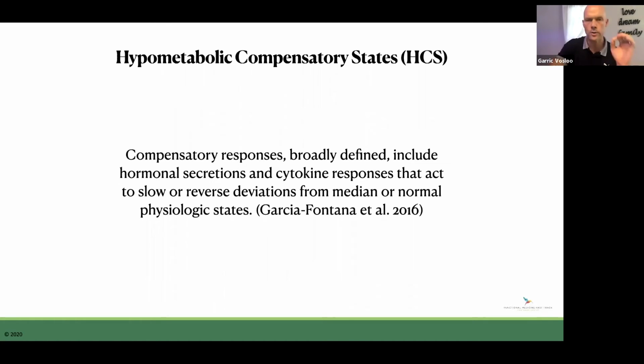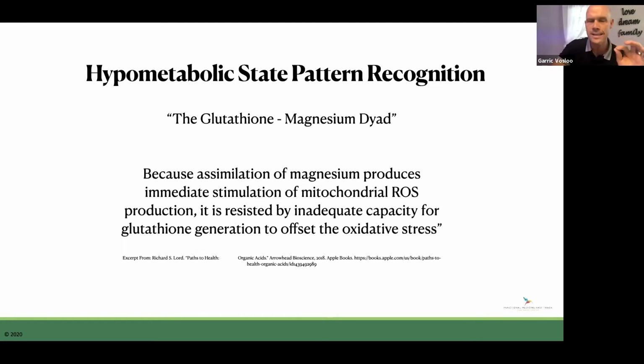The example I'm going to go through now is the glutathione magnesium dyad. This is a powerful and real pattern for us to keep checking our glutathione status when we know that they have low magnesium.